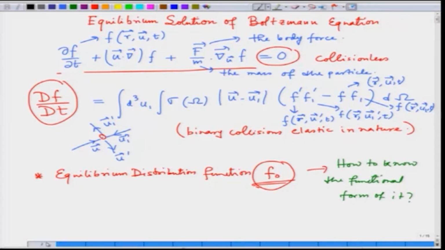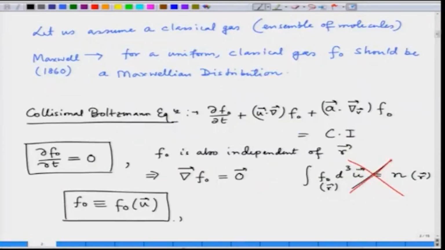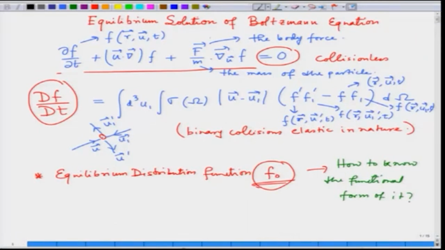Well, when we are talking about equilibrium, at equilibrium A or f by m is 0, because equilibrium is assumed from mechanical consideration a state where you have 0 force. So, it is a force free state. So, the third term is also 0.